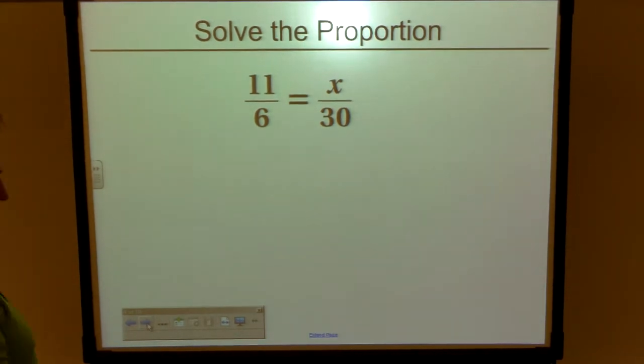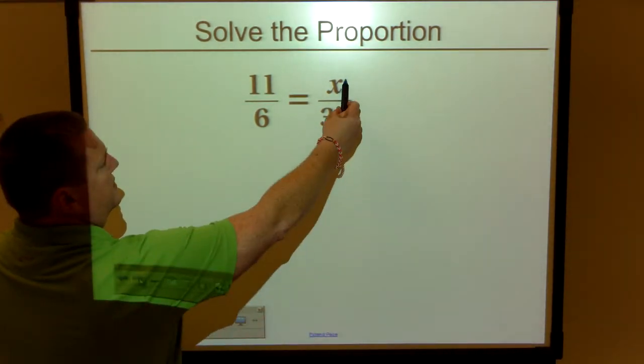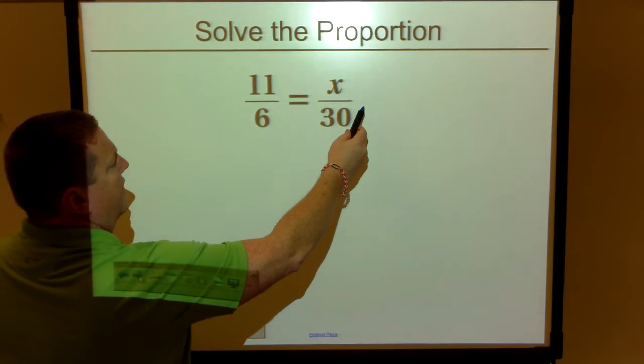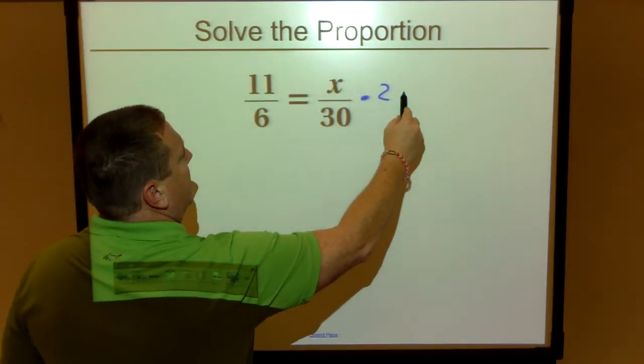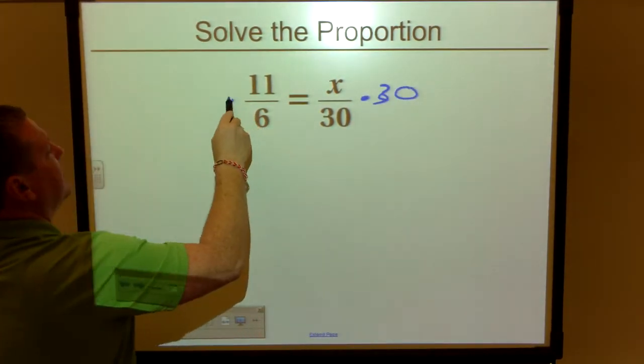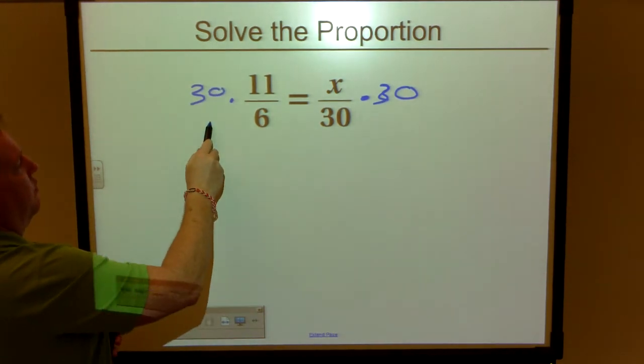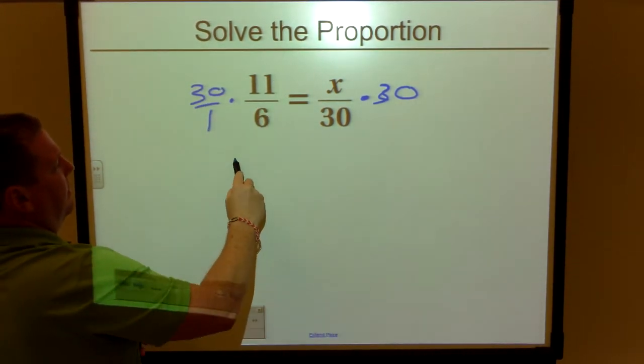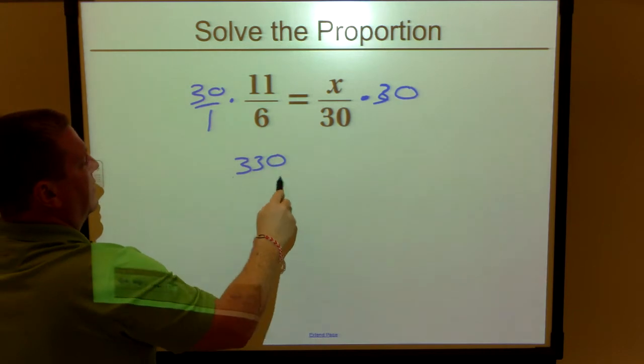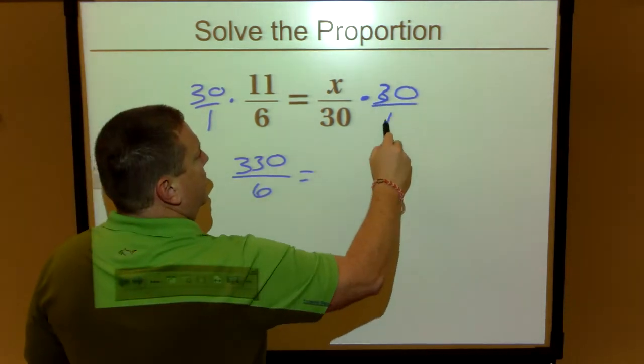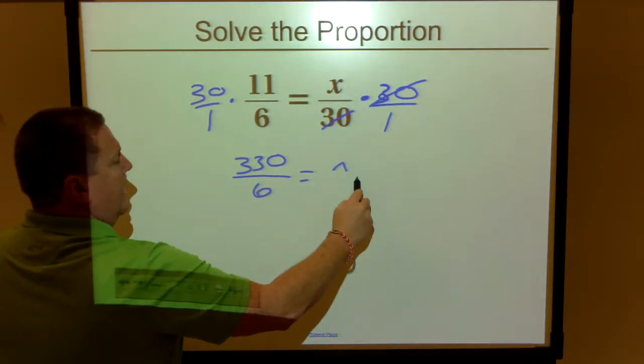Solve a proportion. Well, this is x over 30, so that's a divide. So to undo that, we're going to times by 30 on both sides. Now remember, this is 30 over 1. So 30 times 11 is 330 over 6. These 30s will cancel each other out, leaving x.